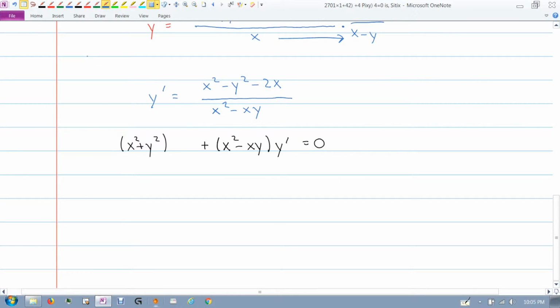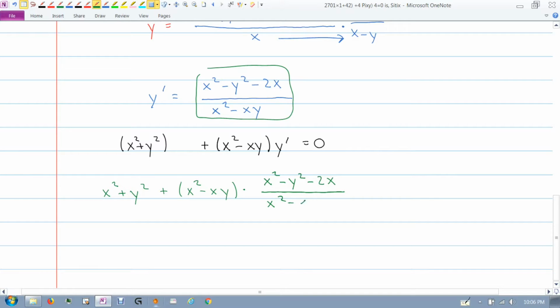If I'm now checking this to see if it works: x squared plus y squared plus x squared minus xy times y prime, and y prime is this. So we have in the numerator x squared minus y squared minus 2x over the denominator, which is x squared minus xy. And these cancel. Something is off. Something is off. Hold on.